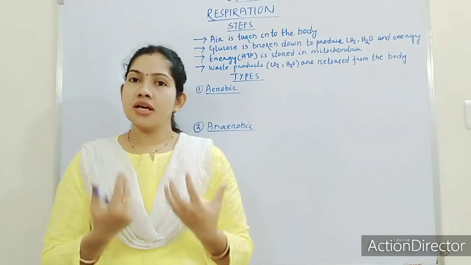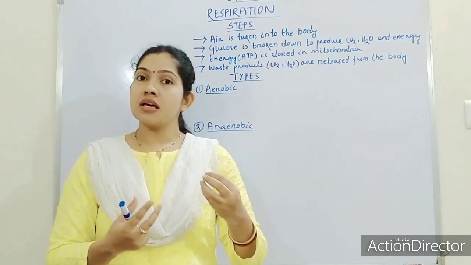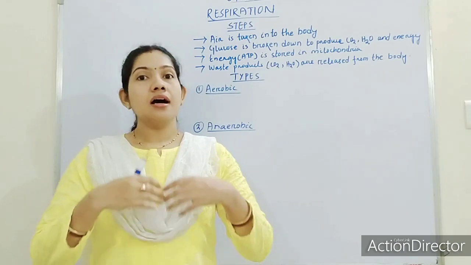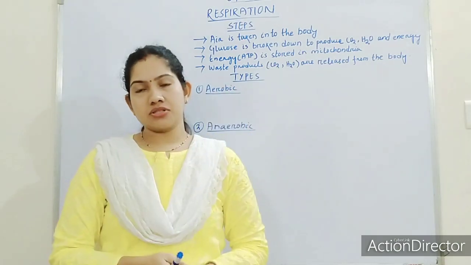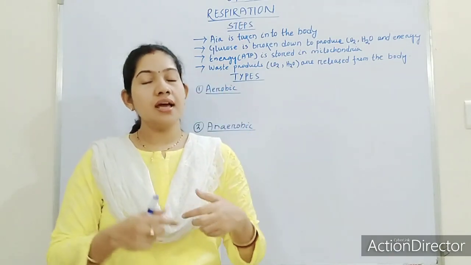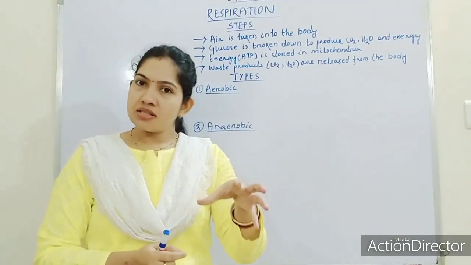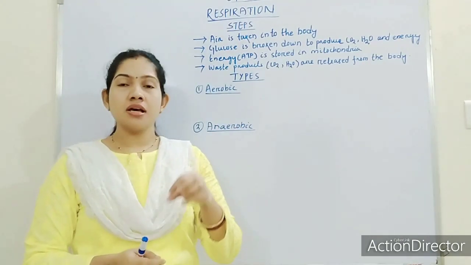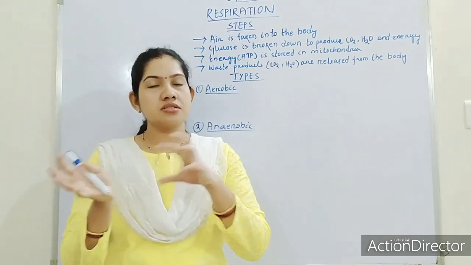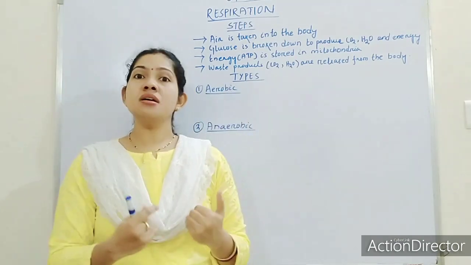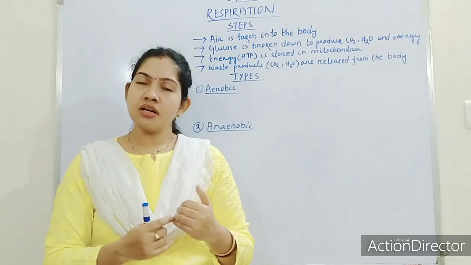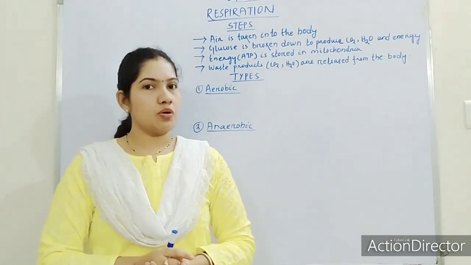Here carbon dioxide acts as a waste product, and we exhale carbon dioxide. That's why we inhale oxygen and exhale carbon dioxide. In both plants and animals, after the formation of carbon dioxide and water as a waste product, it gets released out from the body.